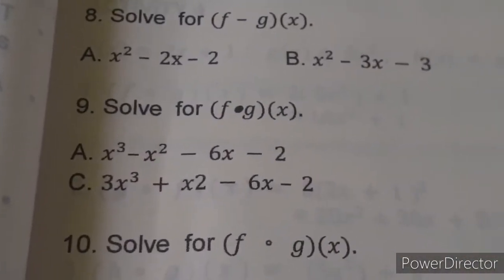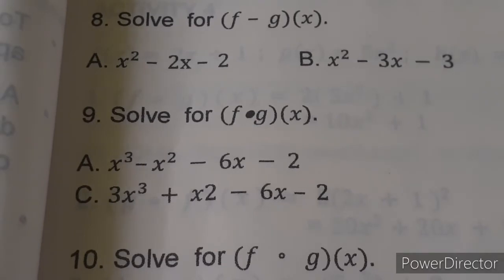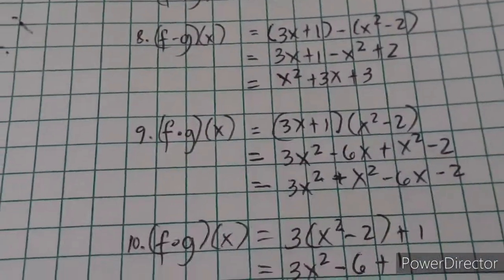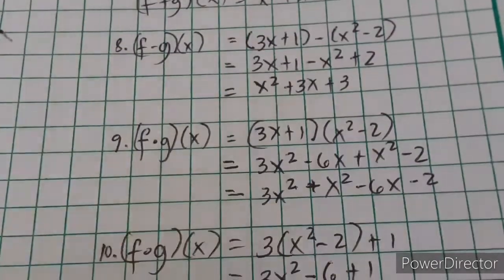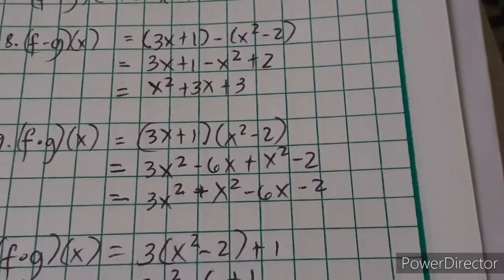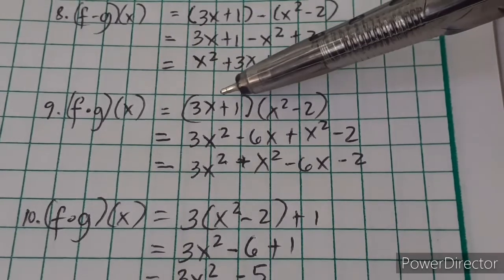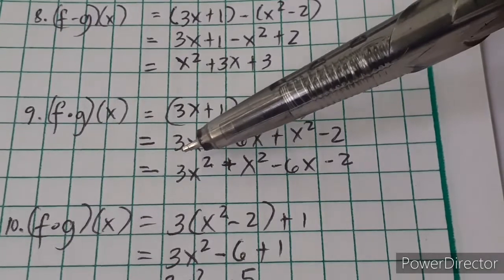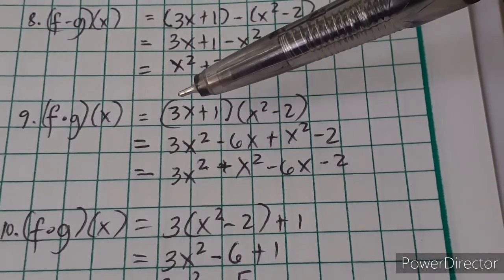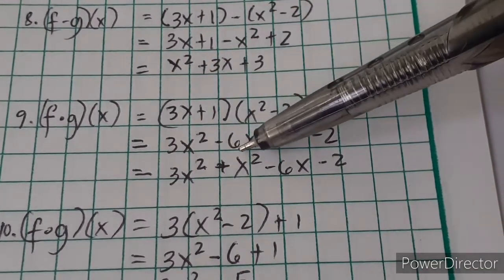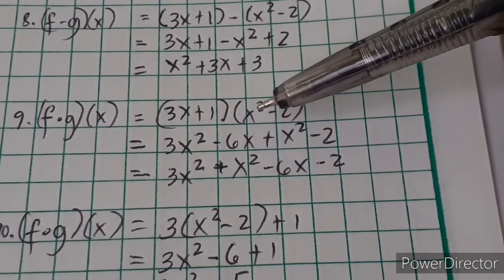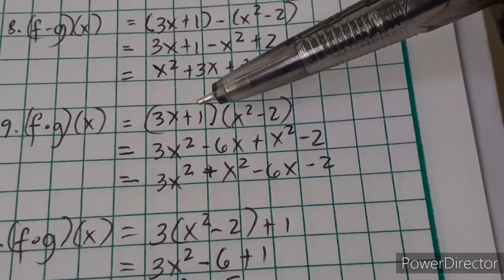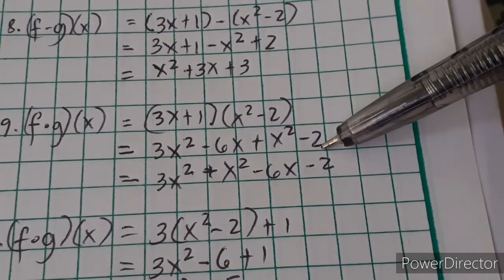Next is number 9. You are to solve for f times g. So multiply f and g. 3x plus 1 times x squared minus 2. So 3x times x squared, you have 3x cubed. 3x times negative 2, you get negative 6x. 1 times x squared, you have positive x squared. 1 times negative 2, you get negative 2.